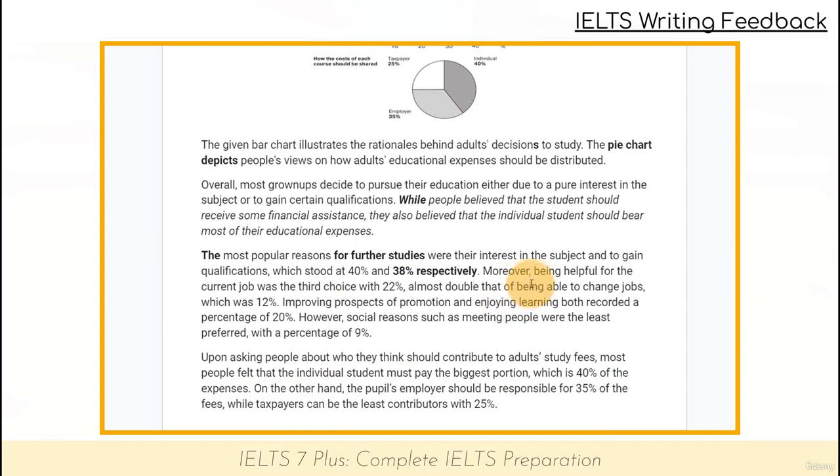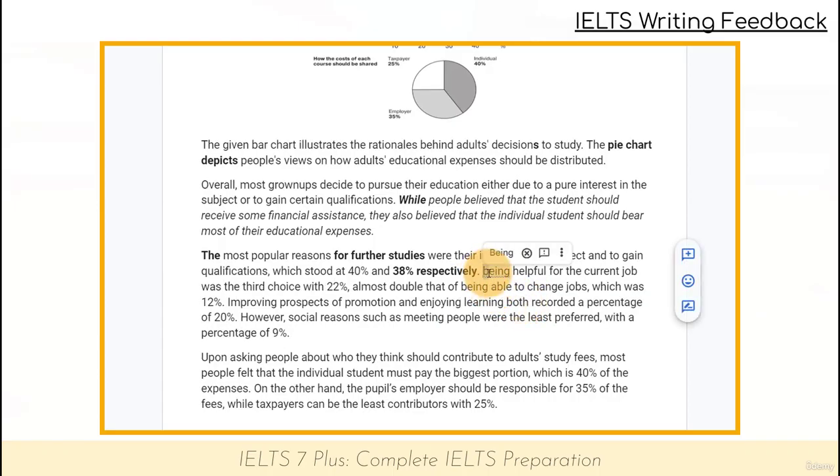Perfect. Moreover, being helpful for the current job was the third choice at 22%, almost double that of being able to change jobs, which was 12%. So this is an interesting bit of detail here as well. Again, moreover, I'm not particularly keen on this in a Task 1 report.